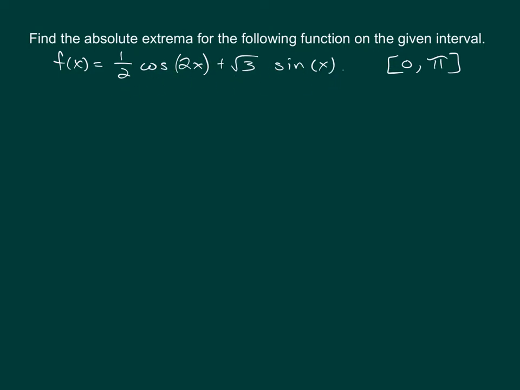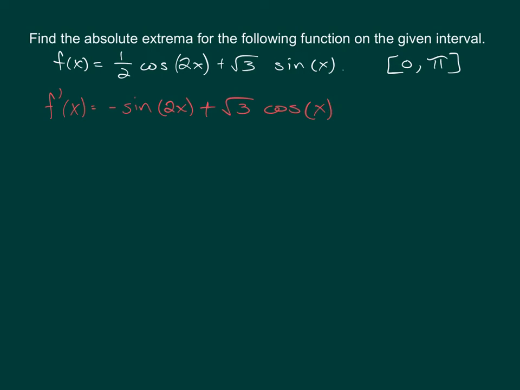If we actually go through and find the derivative here, f prime of x equals negative sine of 2x plus the square root of 3 cosine of x. Trust me for now, I'll explain this in a second, but if you look here, we will end up with no x's in the denominator either.